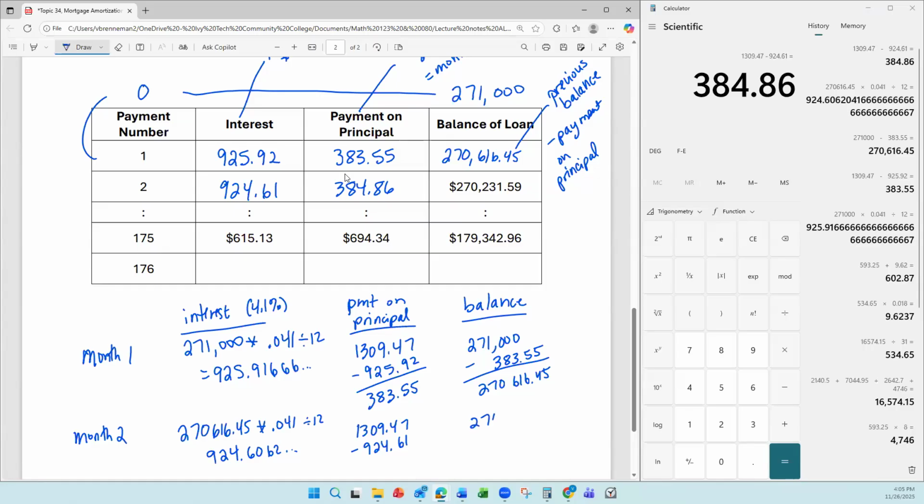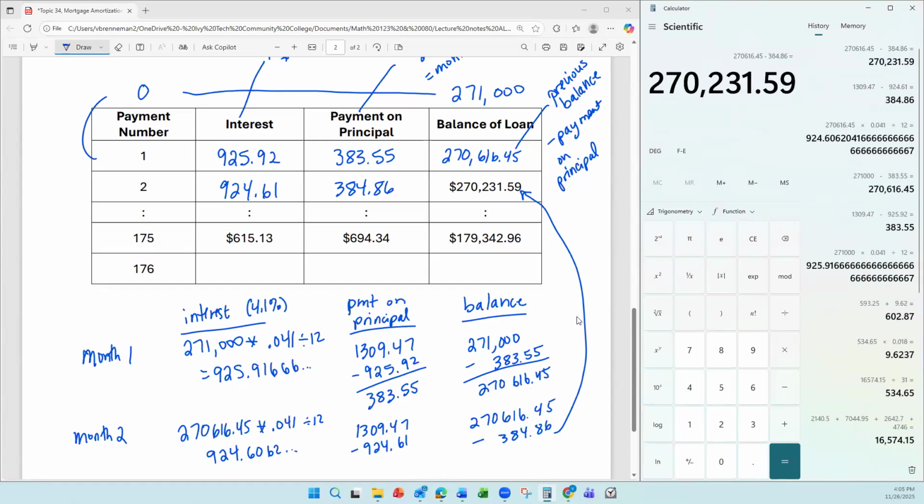I'm going to take the 270,616.45 minus the 384.86 to confirm that it is going to match this. So that does indeed come out to that result. If it didn't, I would know I've made a mistake.